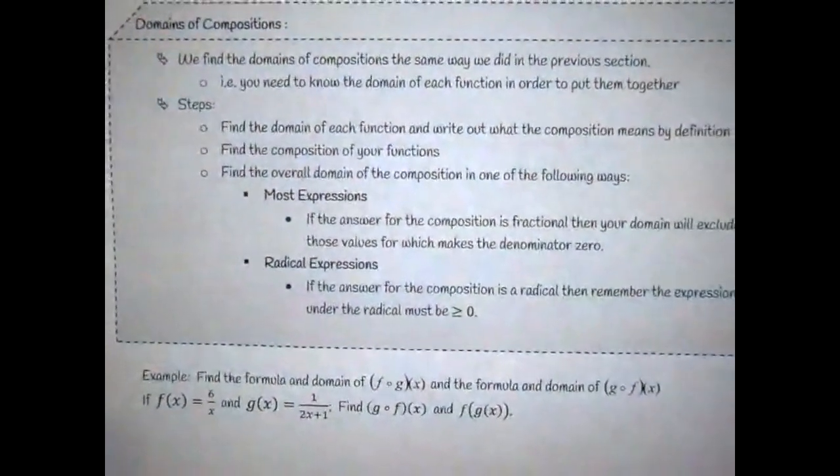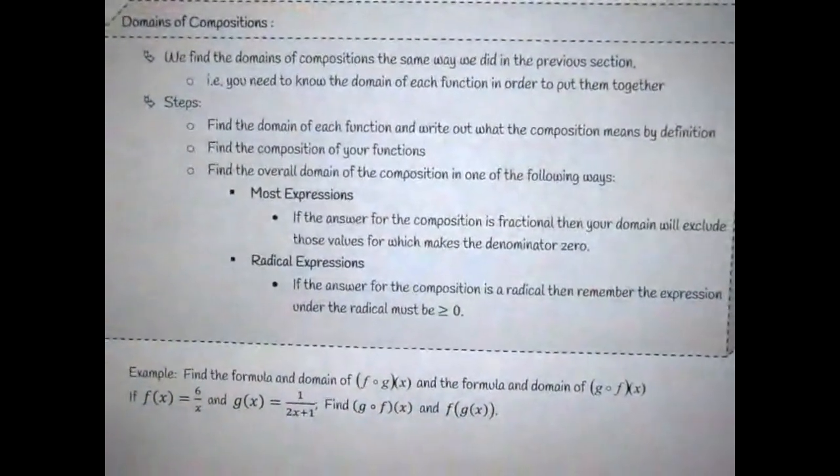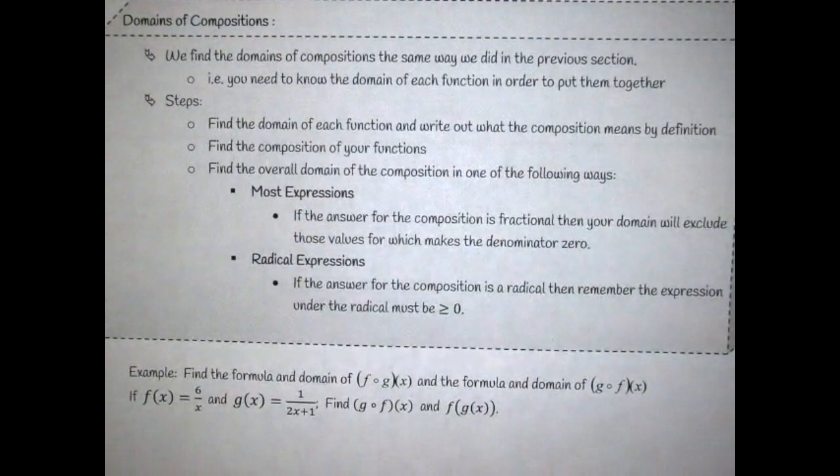Now, just like before, we can evaluate our domains. So the biggest thing that we have to remember is that when you are looking at the domains of your compositions, the first thing you need to do is find the domain of each function, and then write out what the composition is.